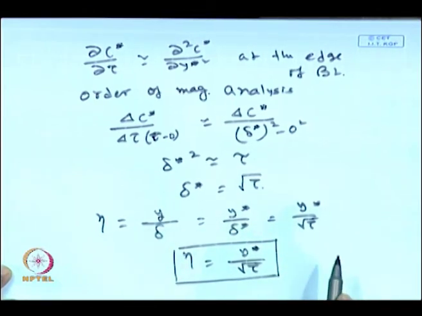The independent variables y and tau are related as y star into tau to the power minus half. That particular combination is the similarity parameter. It is exactly like the earlier one, where it was y star divided by x star to the power 1 upon 3. In this case, it is y star divided by tau to the power half.